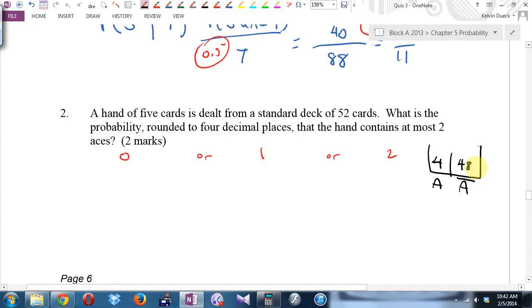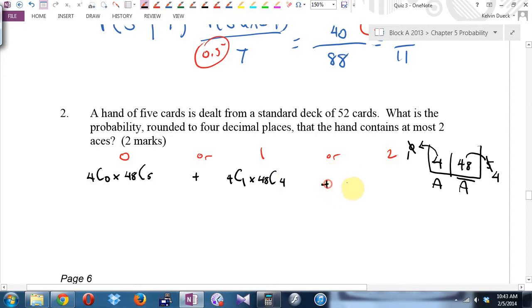For no aces, 0, and how many of the 48 am I going to choose? 5. So for no aces, it would be 4, choose 0, and 48, choose 5. Or 1 ace, 4 non-aces, right? 4, choose 1, and 48, choose 4.